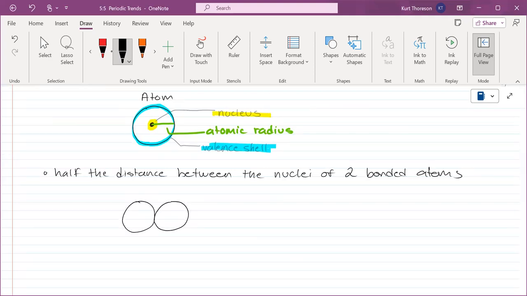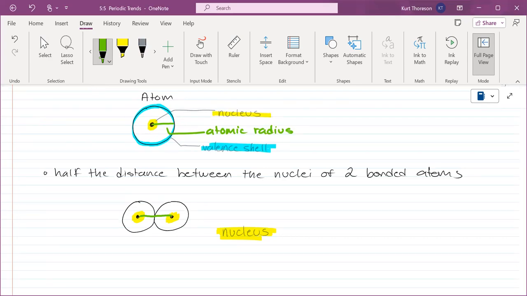Here's another atom. There's a nucleus here. There's a nucleus there. There's the connection between the two of them.